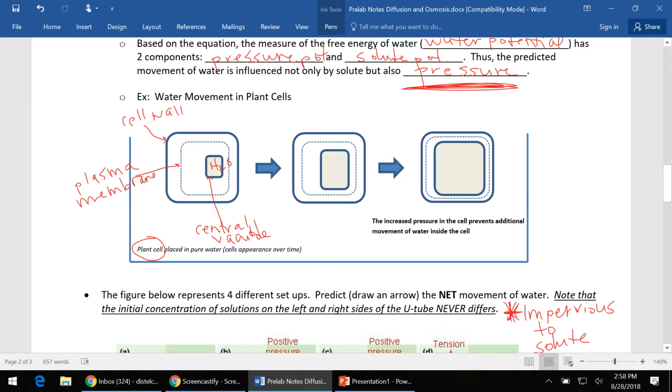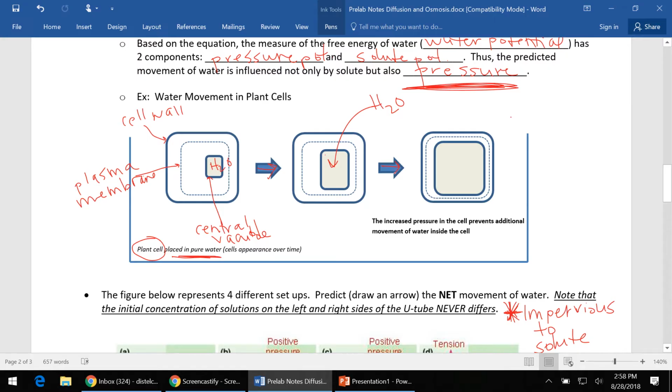Now it says if the cell is placed in pure water, and we're looking at the cell's appearance over time, we notice that water must be moving into the central vacuole, thus expanding.